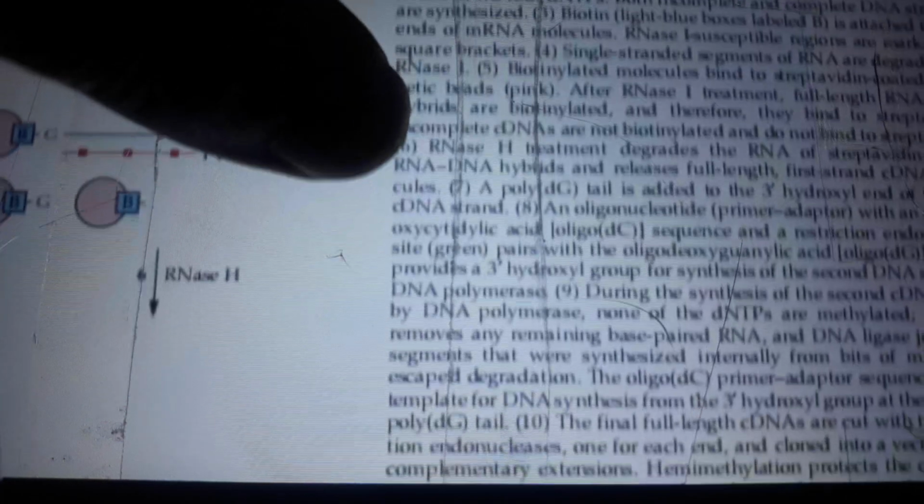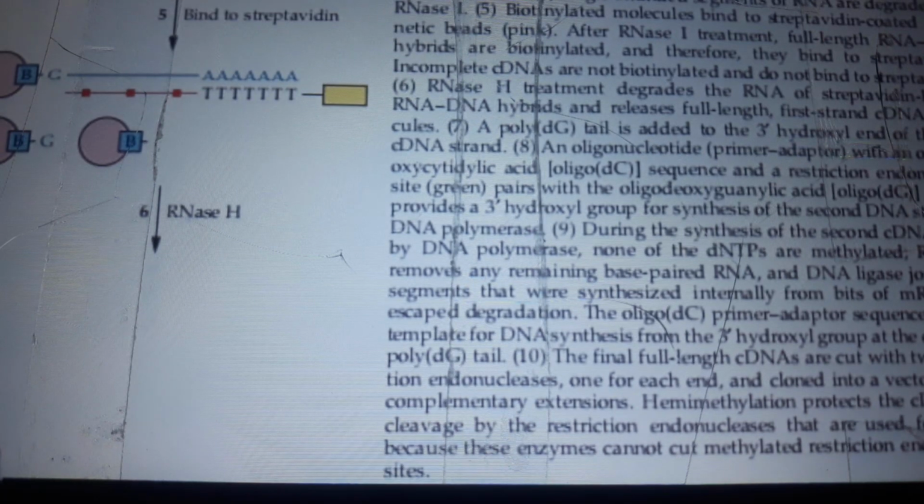Five, biotinylated molecules bind to streptavidin-coated magnetic beads. After RNase treatment, full-length RNA-DNA hybrids are biotinylated, and therefore they bind to streptavidin. Incomplete cDNAs are not biotinylated and do not bind to streptavidin.